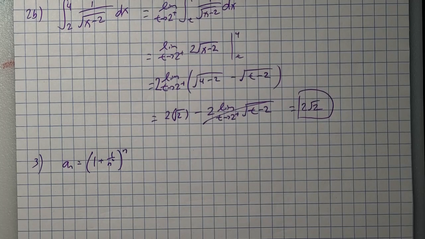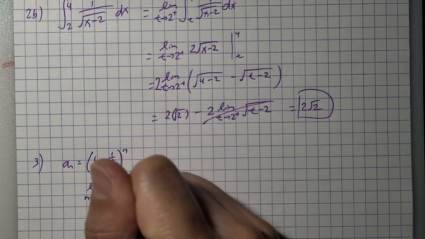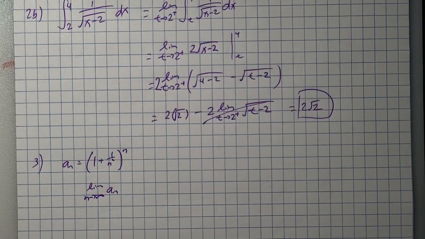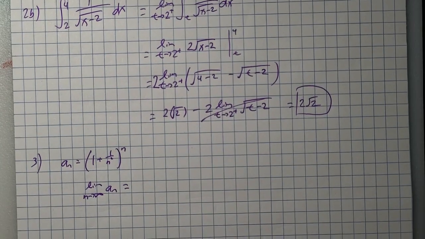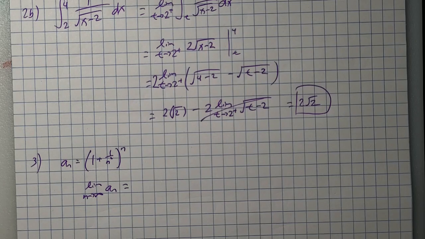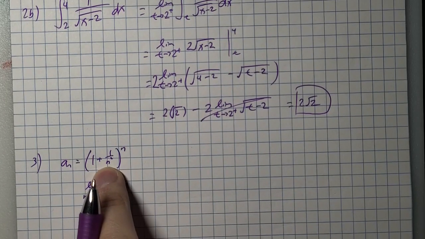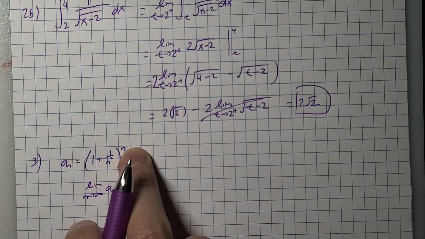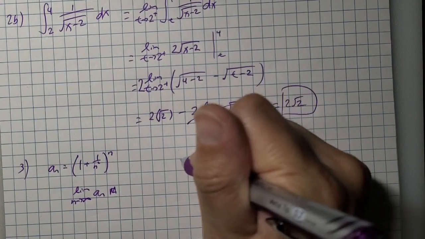Okay, well, okay, so how do we find if this converges? It's the limit as n goes to infinity of the sequence. Okay, so how do we find that? Well, we can, okay, this one, because it's something to the n power, we can use the technique where we log it.